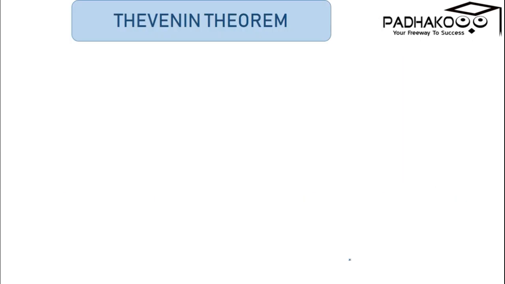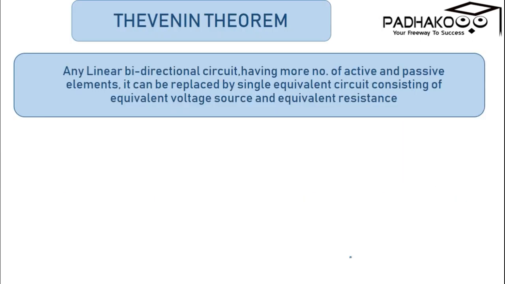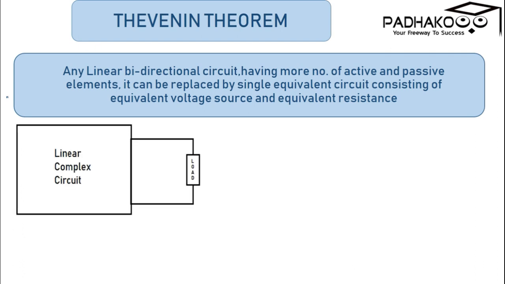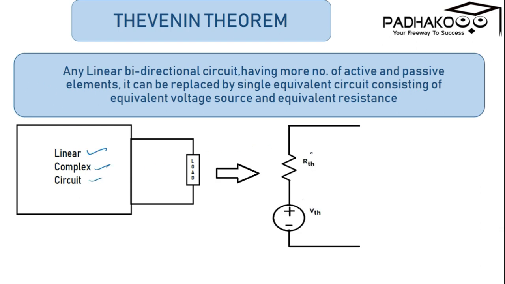Now, Thevenin theorem states that any linear bilateral circuit having a number of active and passive elements can be replaced by a single equivalent circuit consisting of an equivalent voltage source and equivalent resistance. So we have a linear complex circuit, and it can be replaced by a single equivalent circuit consisting of an equivalent voltage source, that is Thevenin voltage, and an equivalent resistance, which is Thevenin resistance.